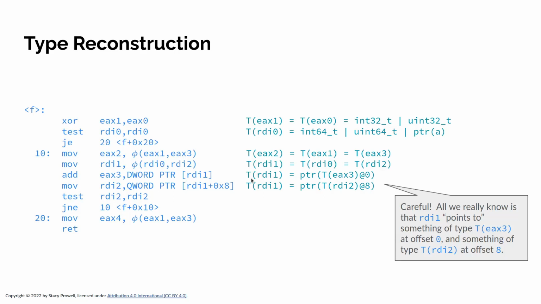But all we really know from these two things, right, we don't know that it looks like from transitivity, this must be equal to this, but that's not how Mycroft means it. You just have to embrace his partial function notation. What he means is that the type of RDI is a pointer to this, and it's also got a pointer to this, but they're different because of the different offsets.